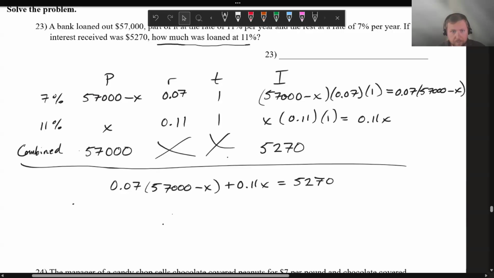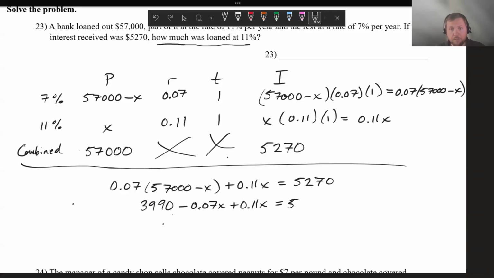Okay. So I have 3,990 minus 0.07x plus 0.11x is equal to 5,270.